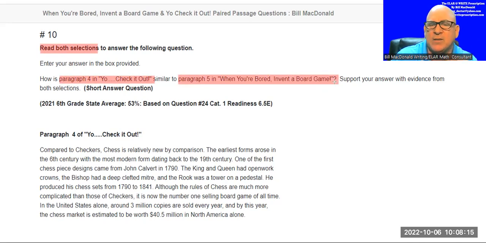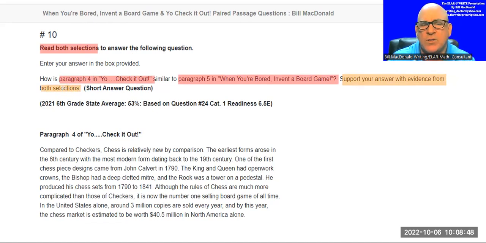Okay, so if that's the question, they want the short answer question, and whenever it has that second sentence, support your answer with evidence from the text, what they're basically saying is, hey, we don't just want the answer. You've got to, and this is the yellowest I could find, sorry, because it's a paired passage, they have to answer the question from both passages.